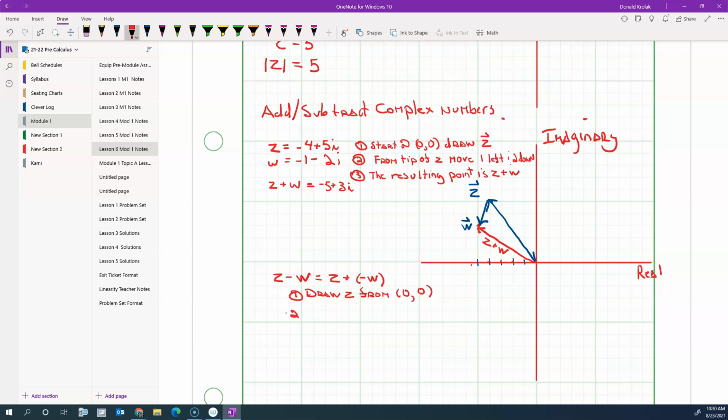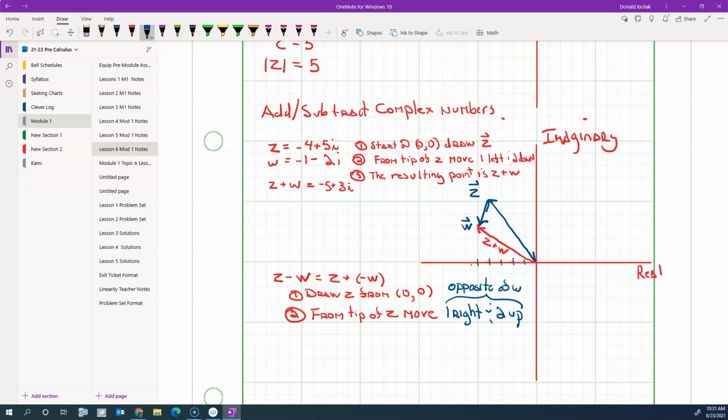Then what's different is that from the tip of z you go the opposite. So now you go one right and two up. That's the opposite of w. So it would be -3 plus 7i.